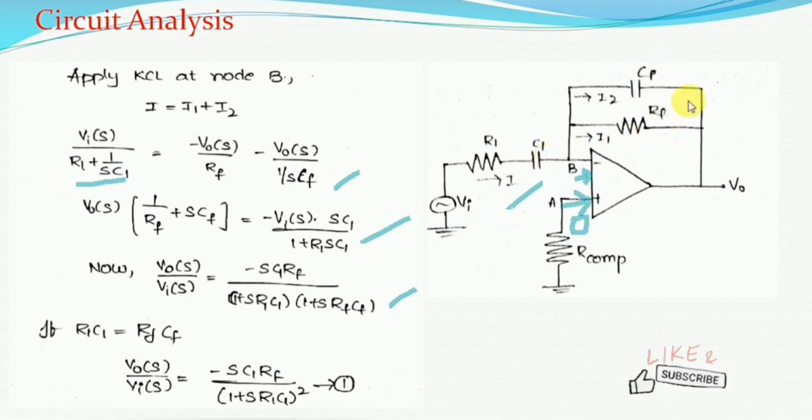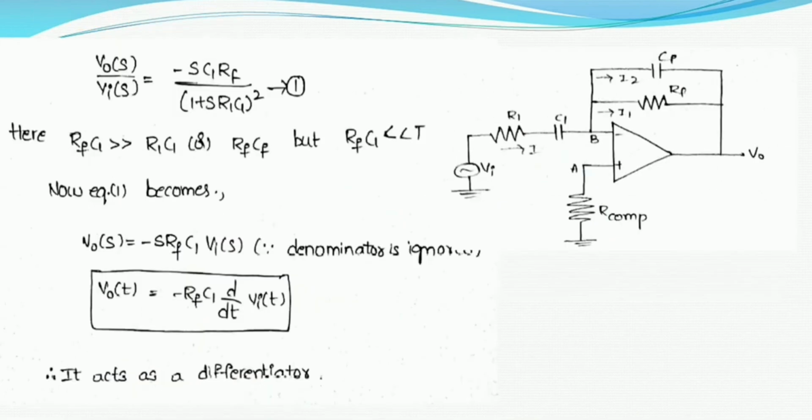In that case only, the output voltage will reject the noise signals at the input. If you maintain this relation, then V naught of S by VI of S is equal to minus S C1 RF by 1 plus S R1 C1 whole square. This is equation 1 for this practical differentiator circuit.